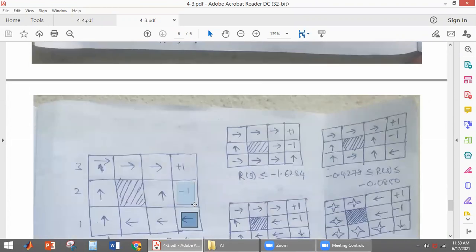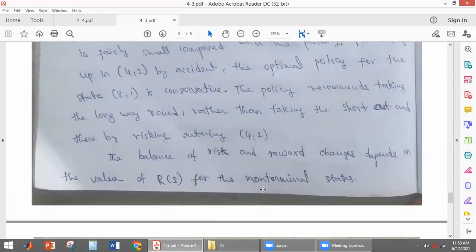What is the risk? -1 is a very high penalty compared to the reward of each state. That is why the agent doesn't want to go to the -1 state. The agent will always want to reach the +1 state. That is why the optimal policy is given like this.